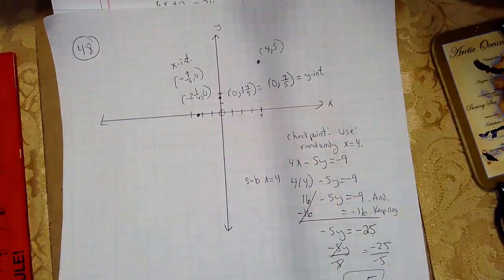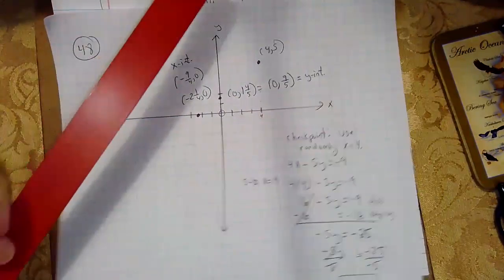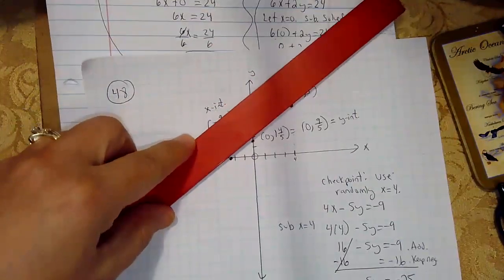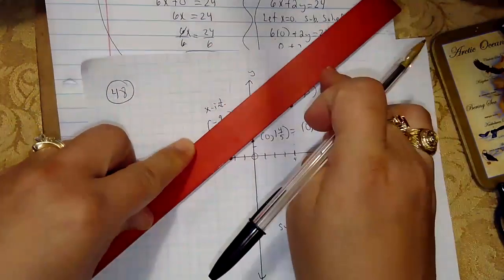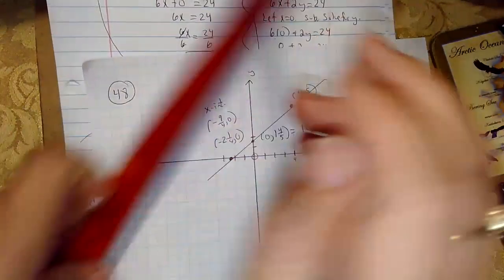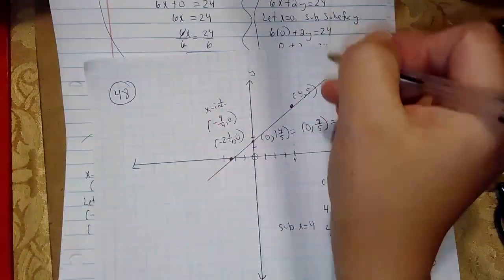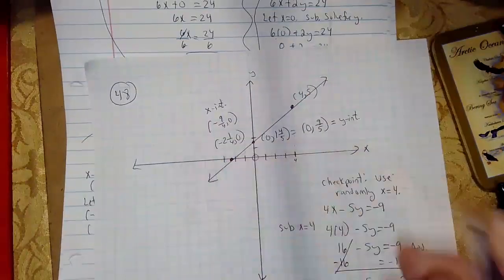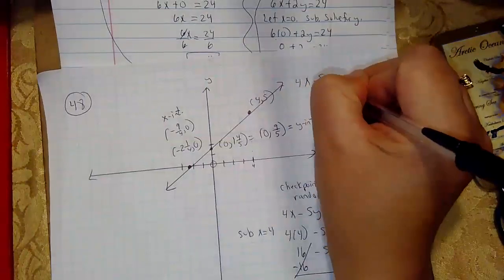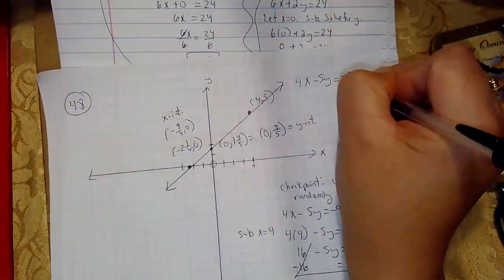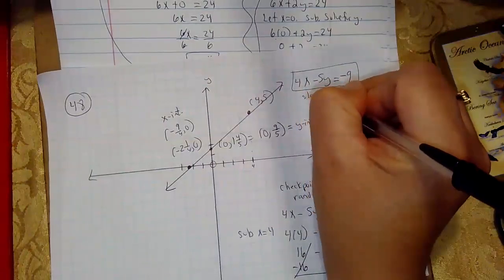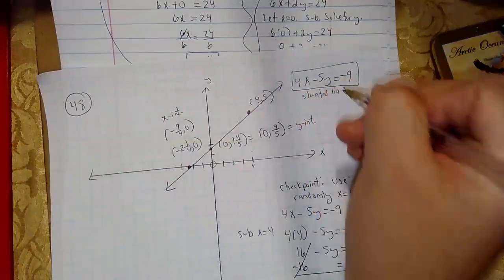Yeah, and that looks good. That's a checkpoint. That's my checkpoint. And you can see that we have this slanted line. It's collinear. And that's for the equation 4x minus 5y equals -9. So it is a slanted line.